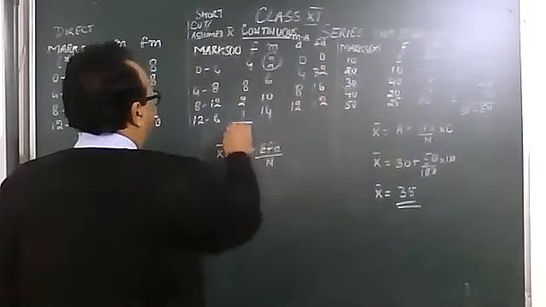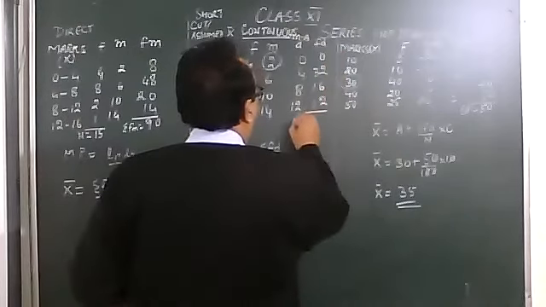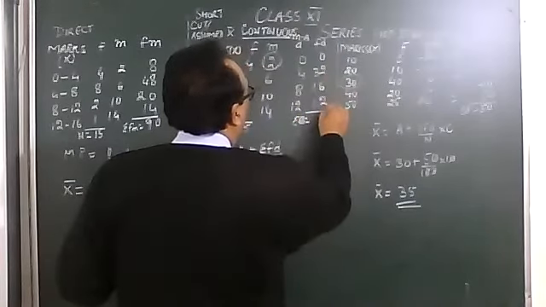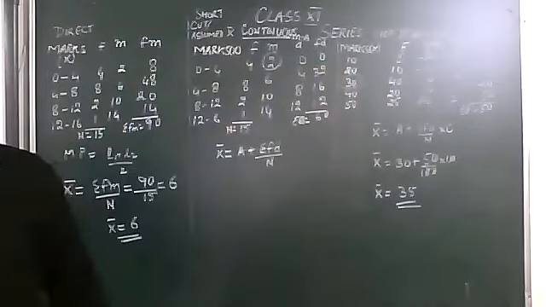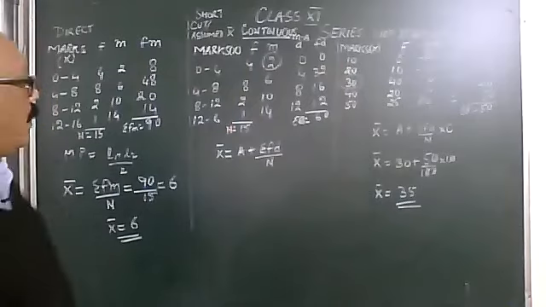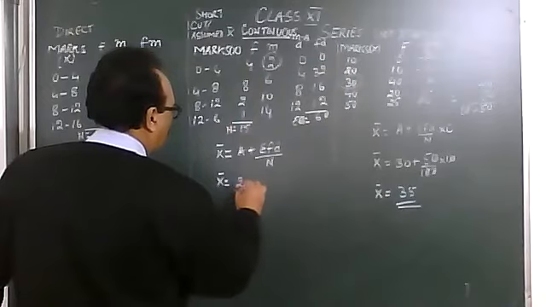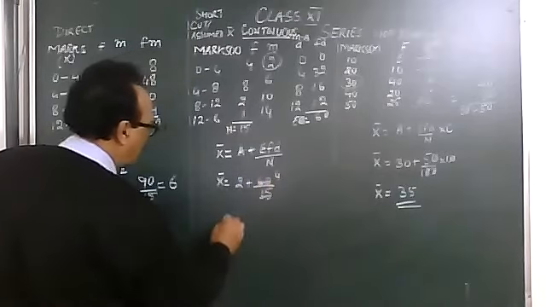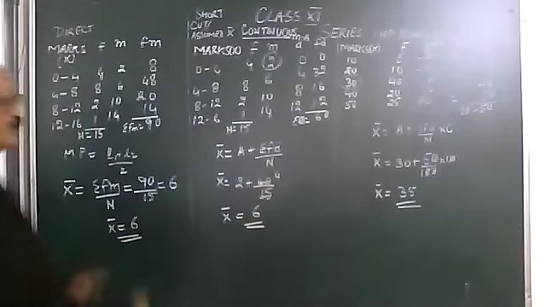Here n is equal to 15, already calculated. Add up, sigma fd is equal to 60. Substitute the values, mean is equal to what did we assume? 2 plus 60 upon 15. 15 fours are 60. Mean is equal to 2 plus 4 is equal to 6.